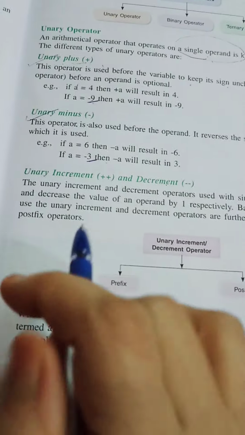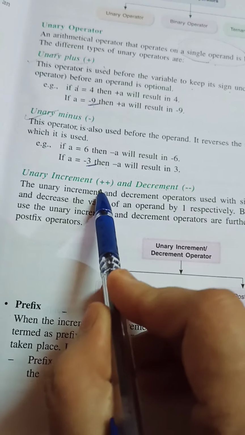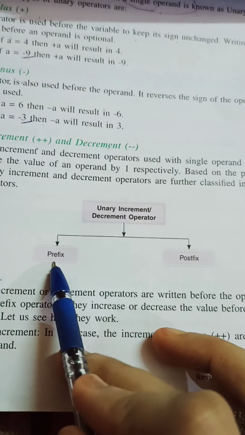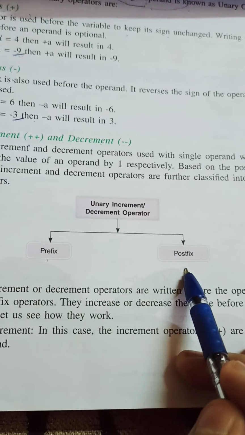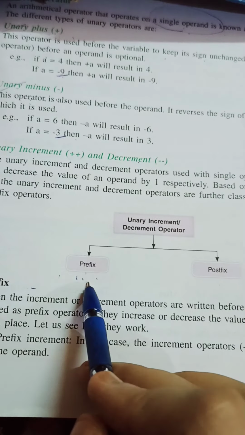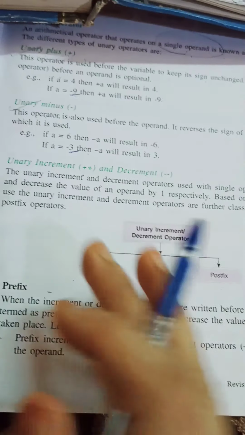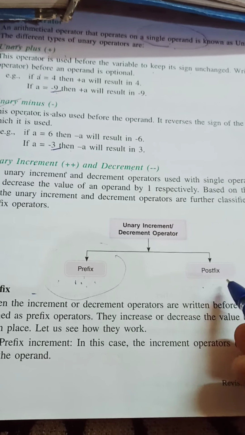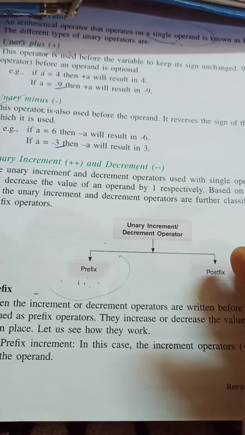One more thing, students. Whenever you are going to use the unary increment or decrement, there are two forms: first is the prefix and second is the postfix. Prefix means when you apply the increment or decrement operator before the variable, and if you add the increment or decrement operator after the variable, it will be called the postfix.